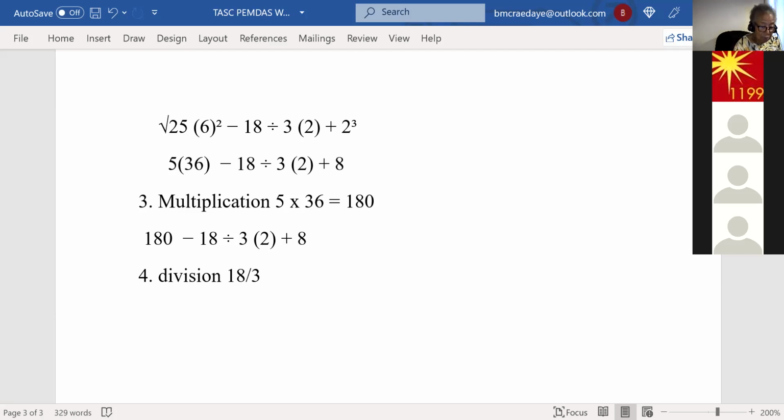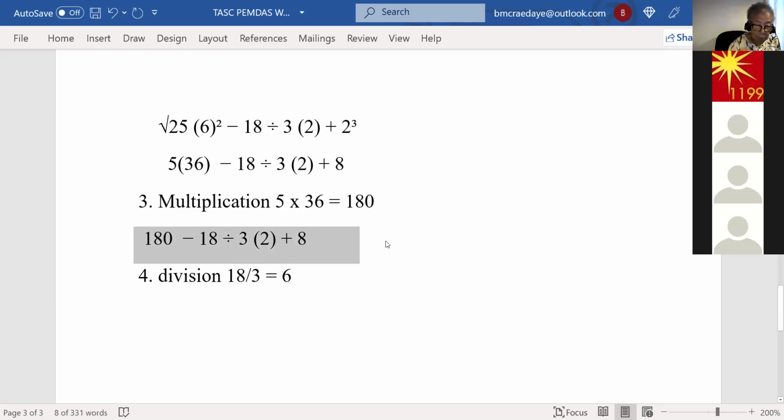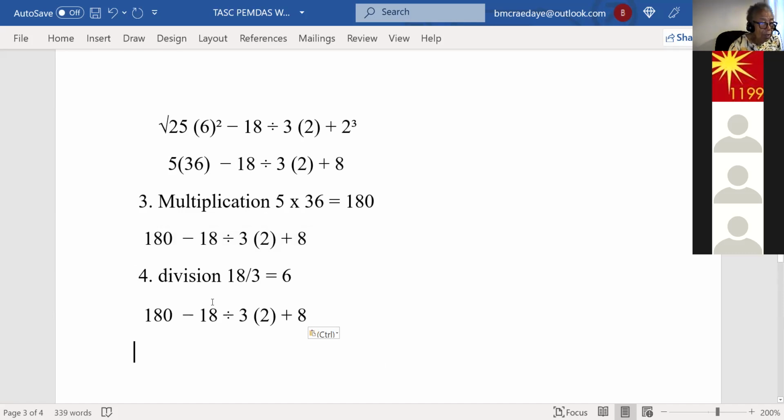I use the 3 instead of the other symbol for the division. Which is 6. Now let's copy that. So 18 divided by 3 is 6. So let's just put the 6 here.